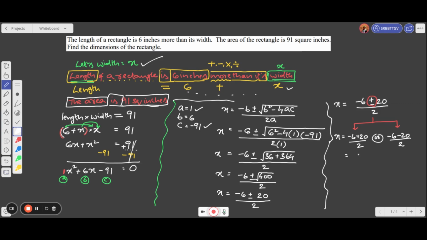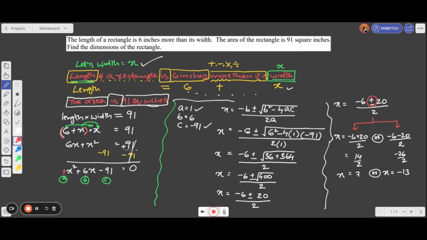So you get here 14 over 2, that gives us 7, or x equals negative 26 over 2, which is negative 13.